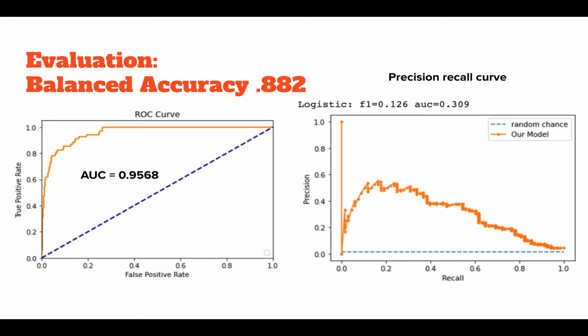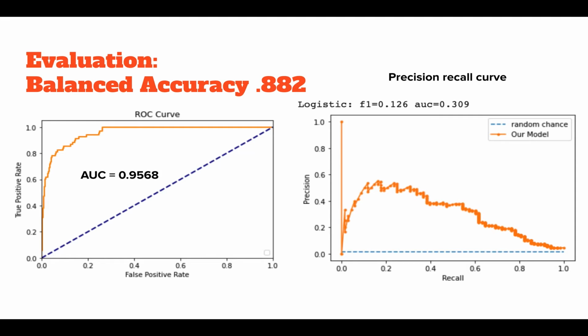That's how we deal with the class imbalance. After training our model and predicting on the unseen data, we built a ROC curve because our model outputs a probability that each box is a sunspot. So it doesn't predict 0 or 1, but it says there's a probability that this box is a sunspot.